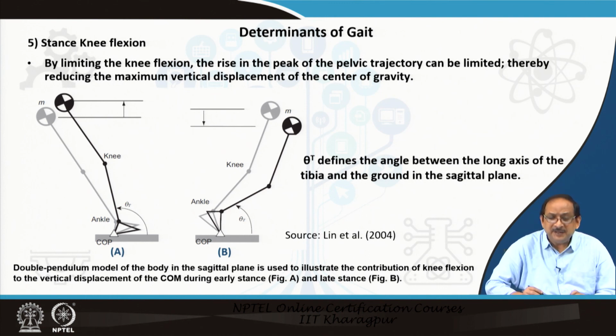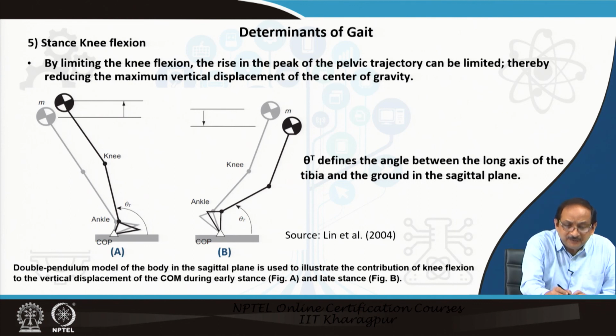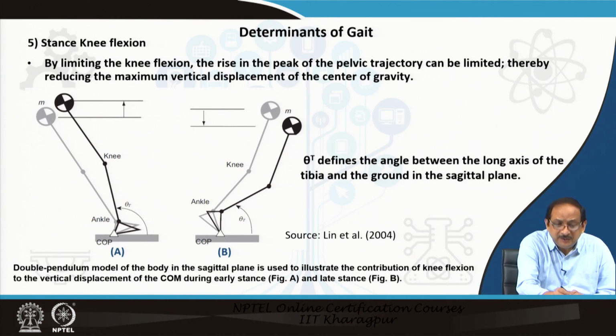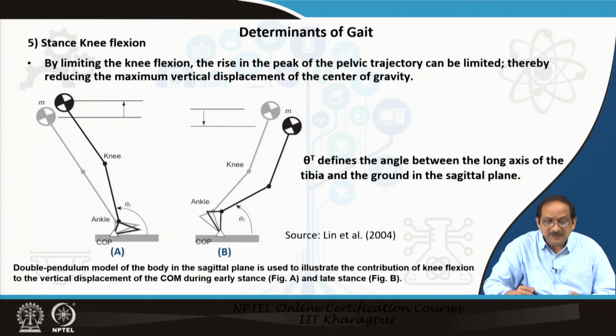Now, by limiting the knee flexion, the rise in the peak of the pelvic trajectory can be limited, thereby reducing the vertical displacement of the center of gravity as shown in the figure.